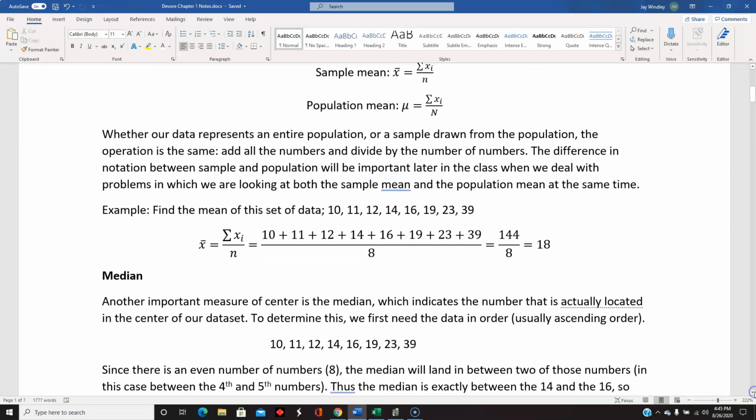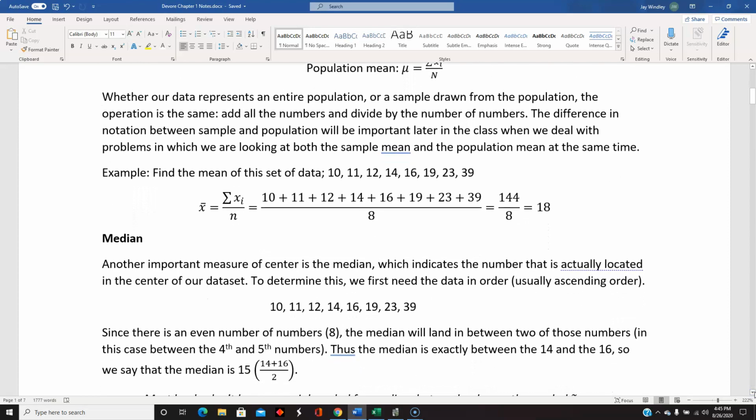The median is the number that's actually located in the center of our data. So to find the median, we need to put the numbers in order if they're not already presented to us in order.